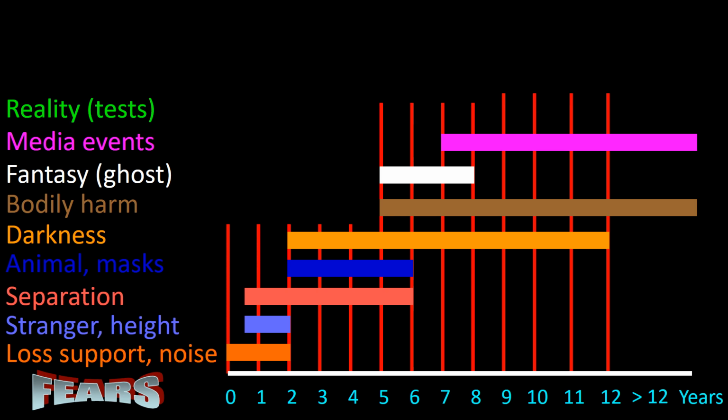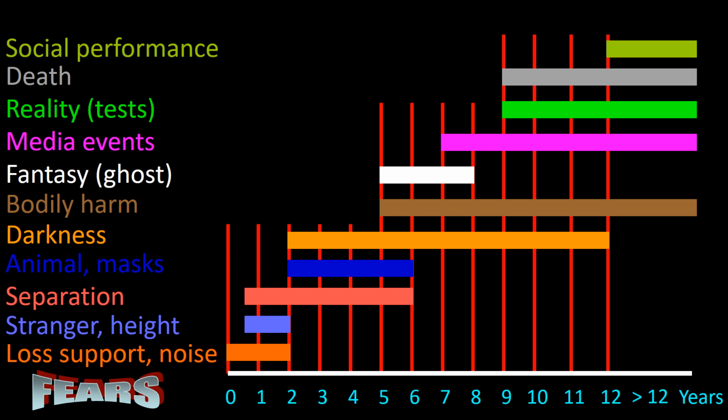Fear regarding taking tests usually starts by 9 years of age. The possibility of dying also produces fears at about 9 years of age. Children before 12 years of age are very good actors because they have no fear of social performance. Fear related to sexuality appears at the age of 12.